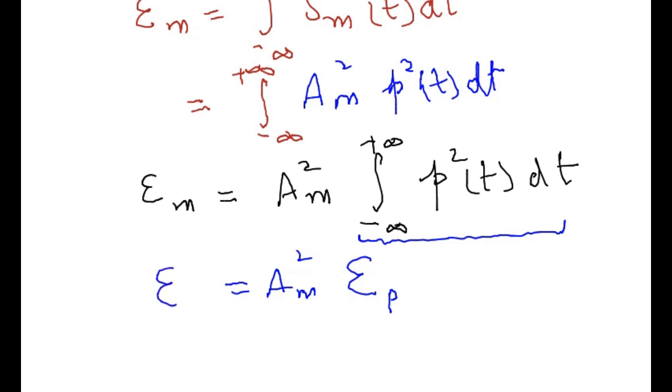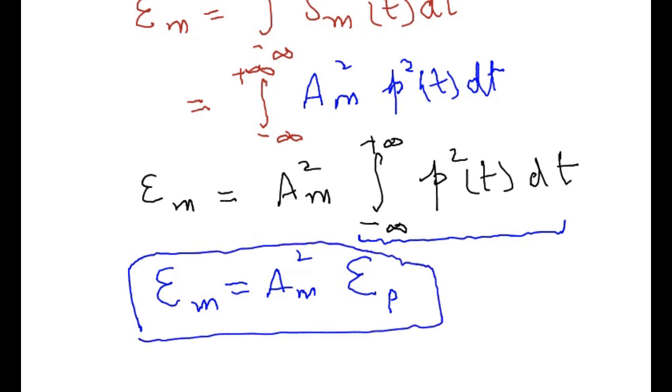So the energy of the mth signal, or energy of the pulse amplitude modulated signal, can be computed from this expression. You need to know the energy of the pulse. If you know it, and usually we keep it unity normalized, the energy is actually the square of these amplitudes.